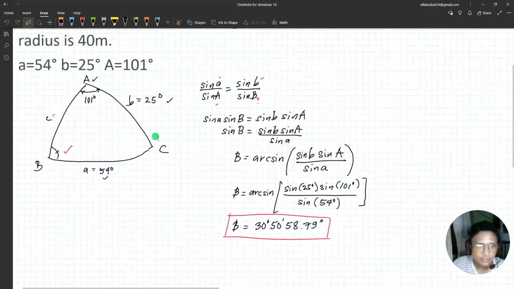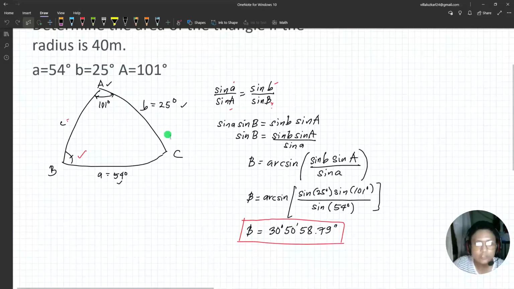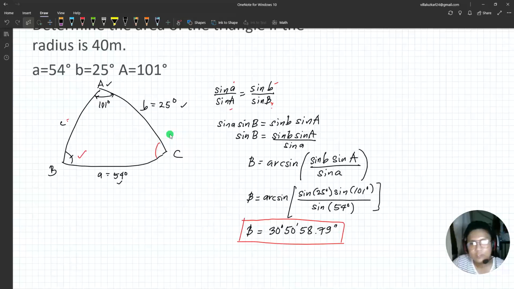Based on the solution here, we have angle B, angle A, unknown value for C, and we have side B and side A. So it's either we use the law of cosines for sides or the law of cosines for angles. Here I will use law of cosines for sides.